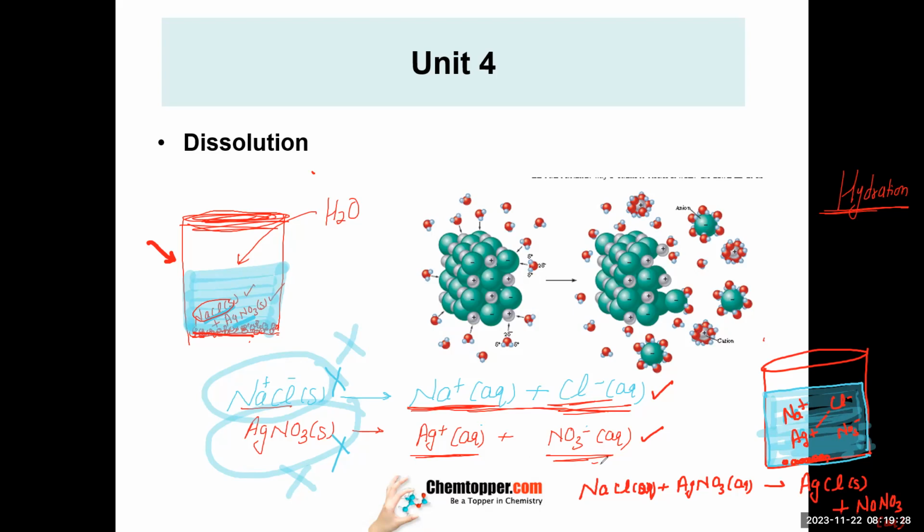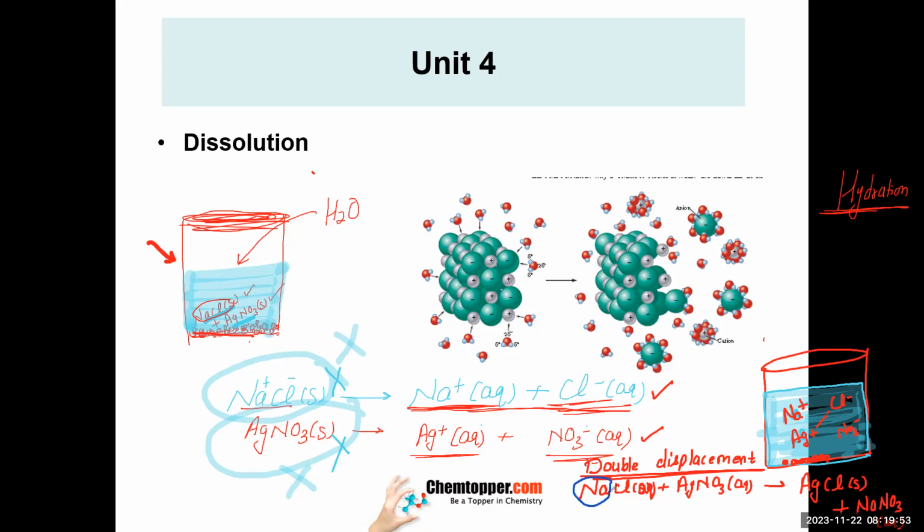And this reaction is called a double displacement reaction. Double displacement. Can you explain how it is a double displacement? Why is this reaction double displacement, children? Naisha, you are going to answer this. What is happening to Na, Naisha?